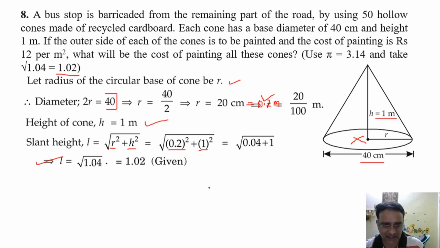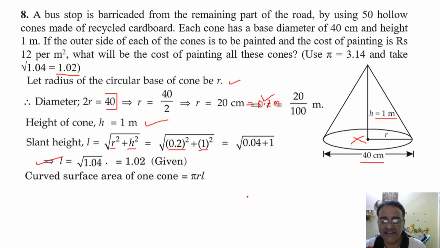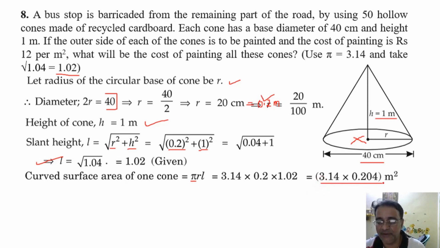Now we'll start with the final step. Curved surface area of one cone, that is pi r into L. The value of pi is already given, 3.14. Radius is 0.2 and L is 1.02. This is meter square. Okay, so 3.14 into 0.204 meter square.